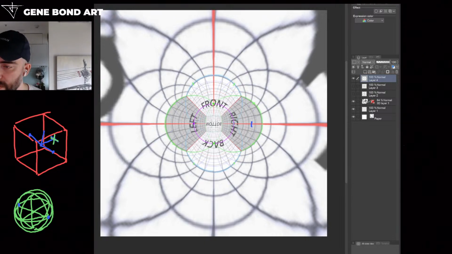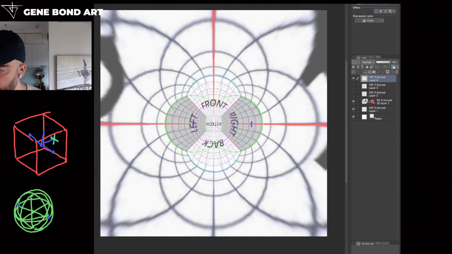Also we have the x vanishing point in the center of the left and right cube side, and we have the bottom y vanishing point, nadir, in the center of the bottom side of this cube.